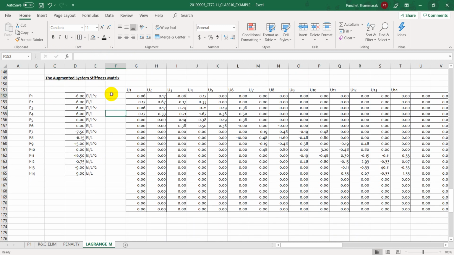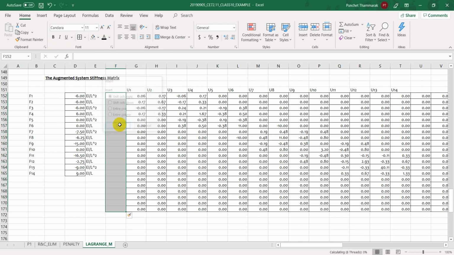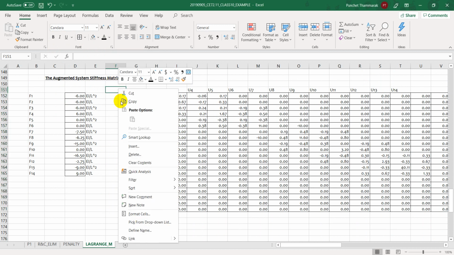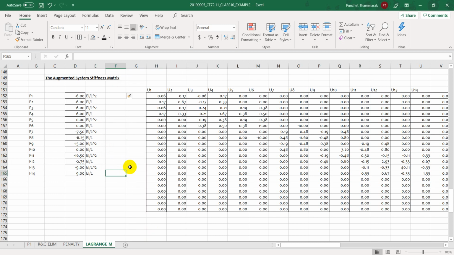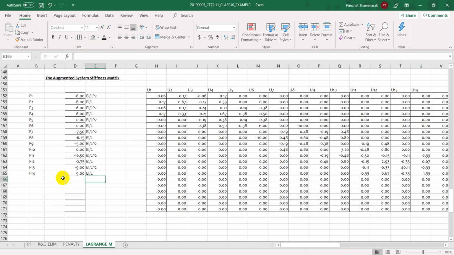Okay, I'll put one more insert to the right. So these are additional rows.